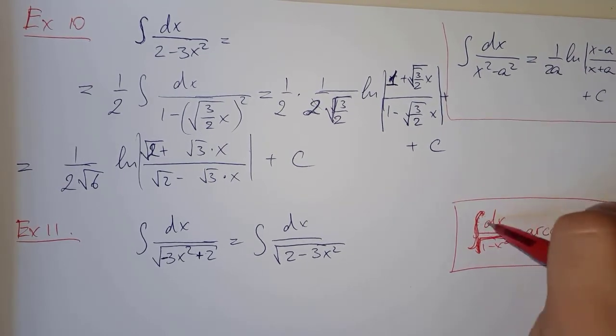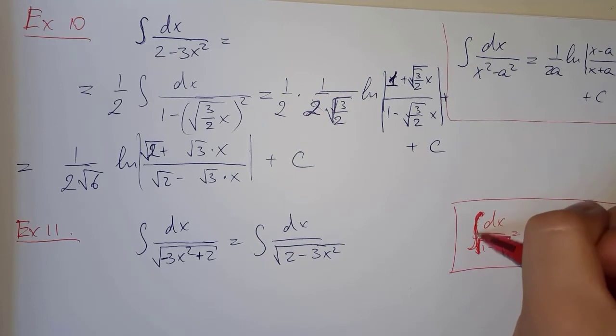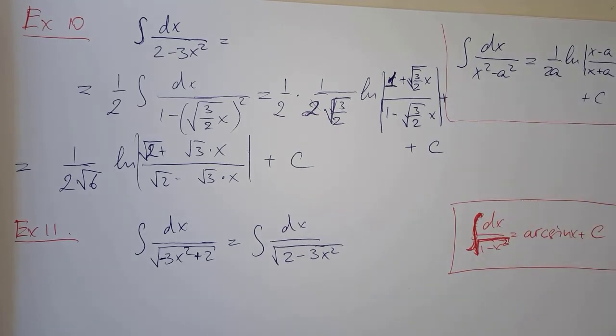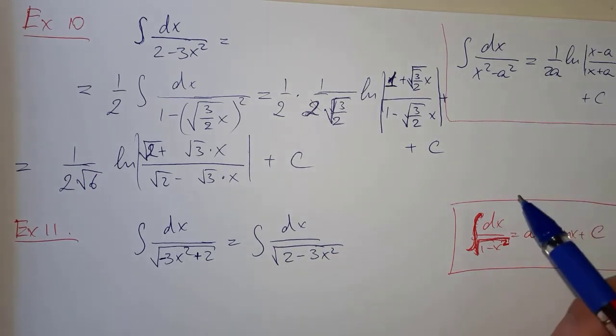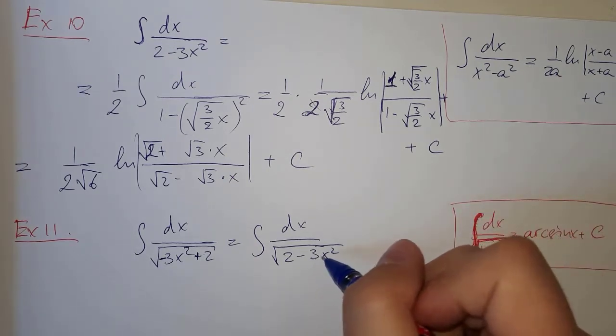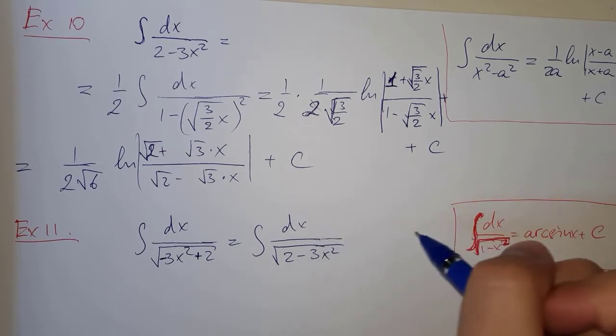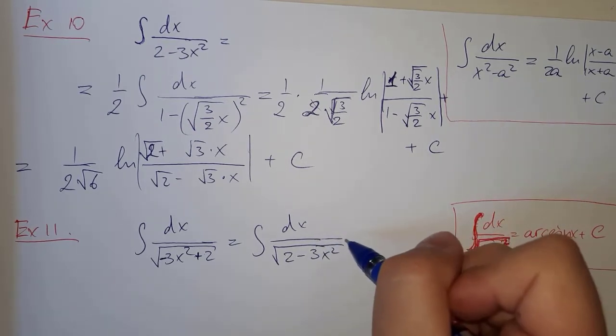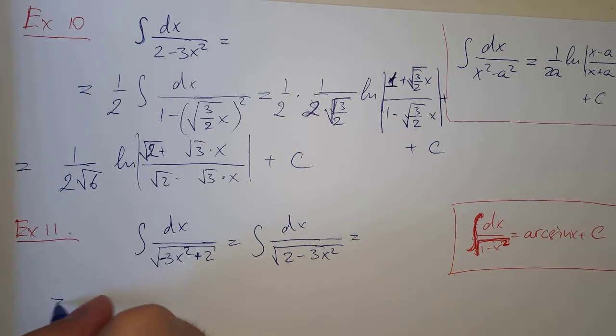We will use it now. We need to bring this to the form 1 minus x squared. Here we have 2, and we have square root of 3 also. So this is a, and we need to factorize the denominator again.